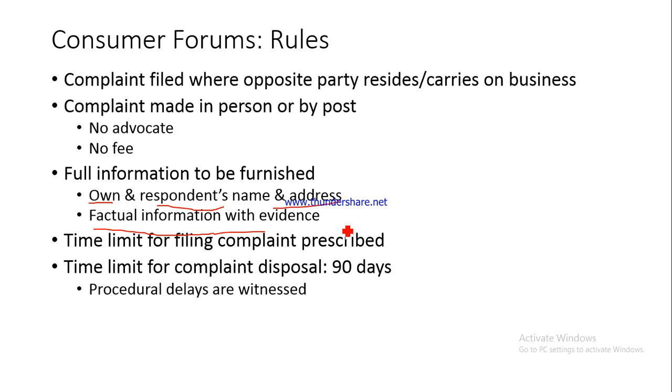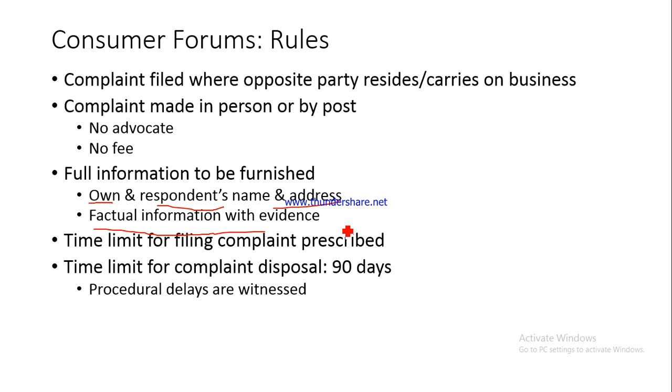Many times the addresses that the summons have are not served on the parties, so they are not able to present themselves on the date of the hearing. Sometimes the seller may deliberately want to delay the hearing. And many times there might be a lack of manpower in the forum, and the members may be absent for various reasons.